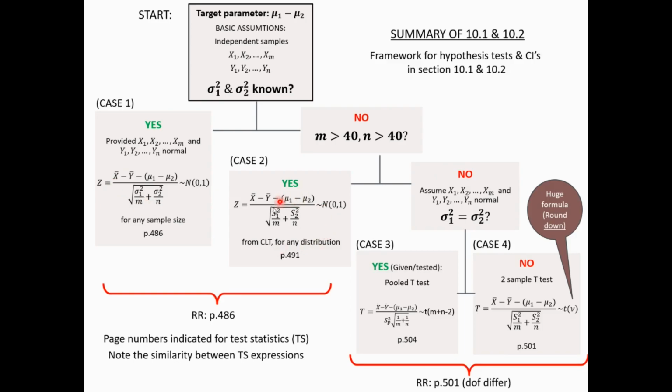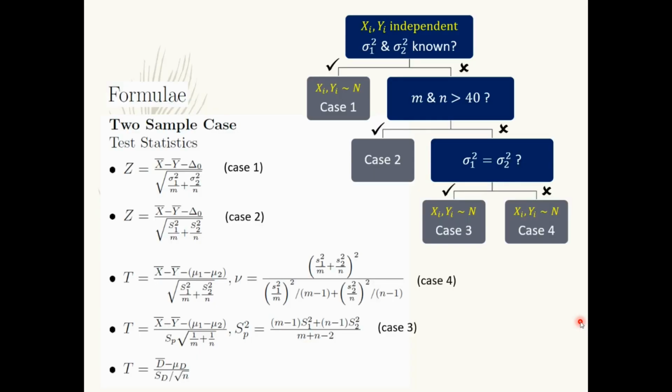All of these variables here are the pivotal quantities for the respective cases. So let's have a look now. This is a summarized version. In yellow, I have the assumptions, just to help you remember. This is a condensed version, so if you remember this, you should arrive at the correct case, regardless of what question you get.